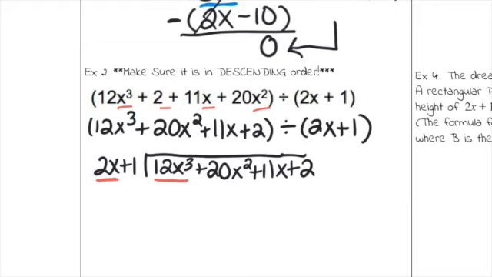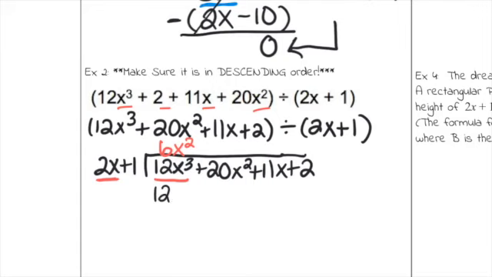So 2 times 6 will give me 12. And then x times x squared will give me x cubed. So we're going to take this 6x squared and multiply it by the 2x and the 1. That's going to give me 6x squared times 2x is 12x cubed, which is what we want.